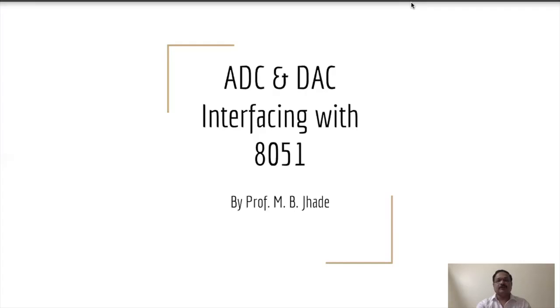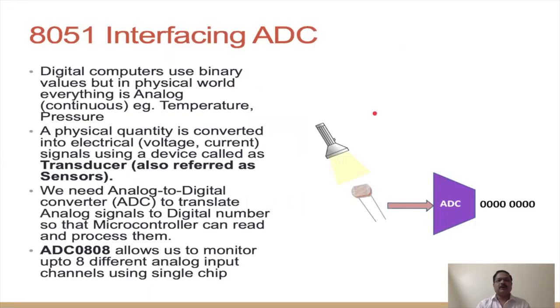So first of all, let us focus on the A to D converter. The ADC that we are going to discuss is the 0808, which is an 8-bit A to D converter. It has a total of 8 channels. That means 8 different parameters can be monitored at a time using this single A to D converter.